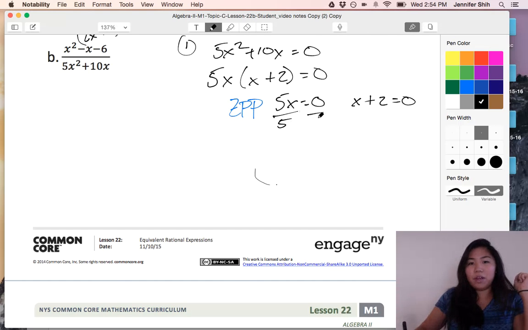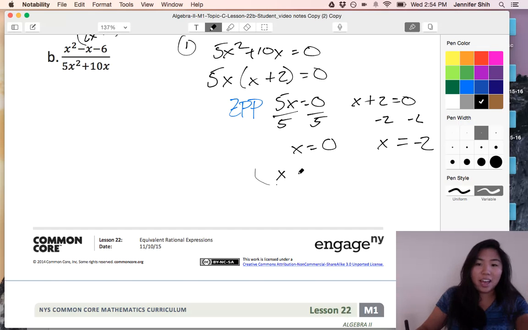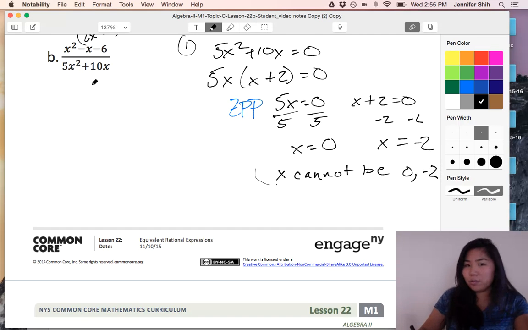Divide by 5, we get x is equal to 0. Subtract 2, and we get x is equal to negative 2. So in our rational expression here, x cannot be equal to 0 or negative 2, because then we have an undefined value.